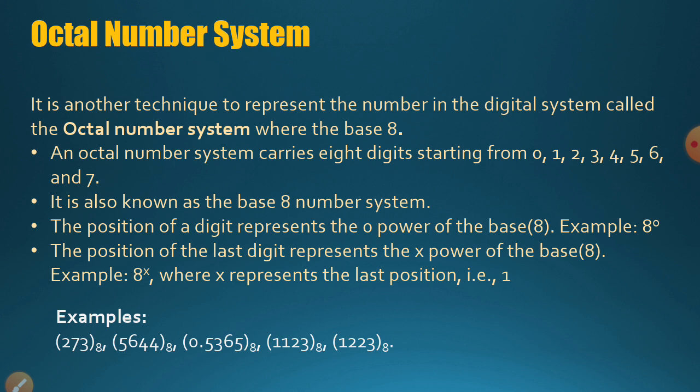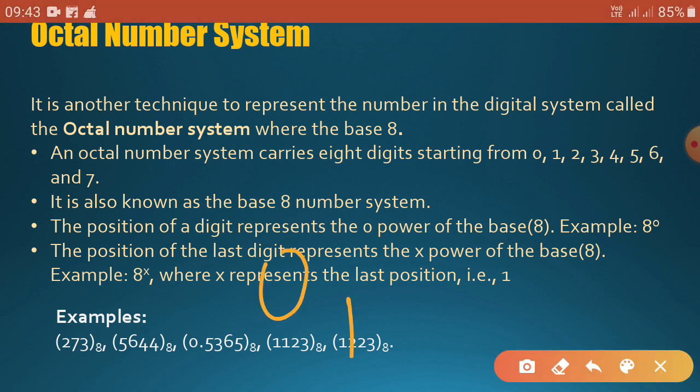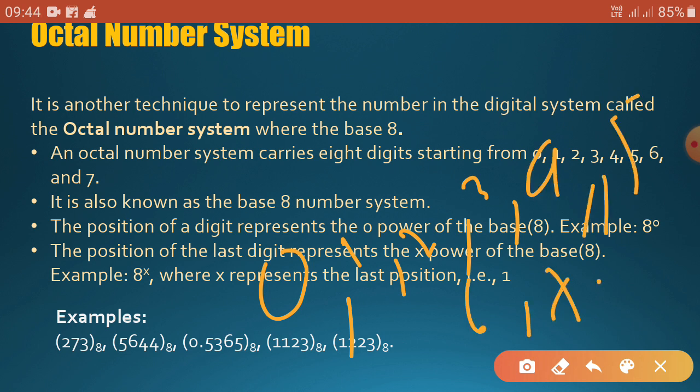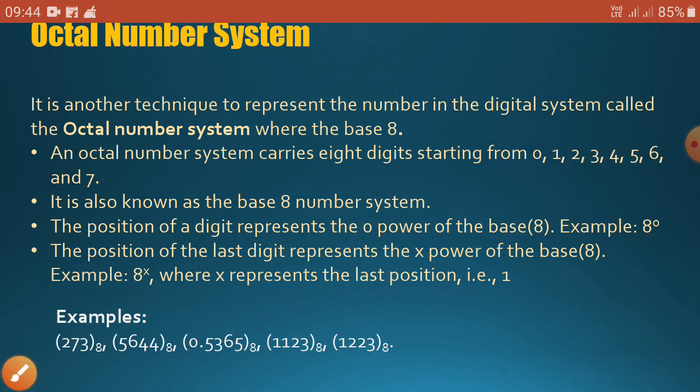Now the number system is the octal number system. It has 8 digits from 0 to 7, 0, 1, 2, 3, 4, 5, 6 and 7, and its base is 8.